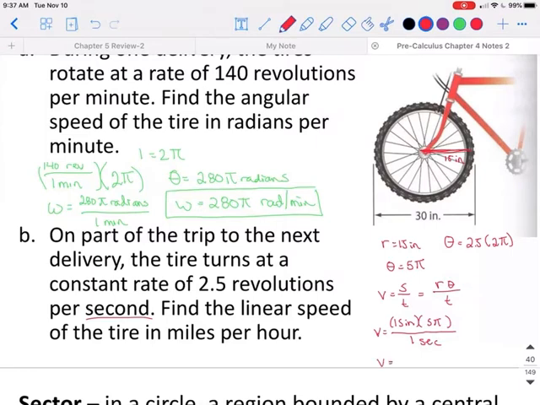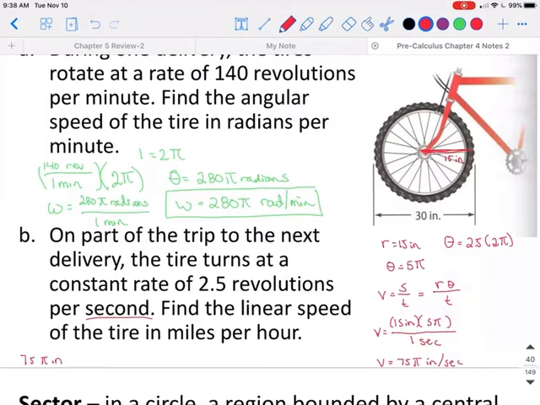So we know our linear speed is going to equal 75 pi inches per second.